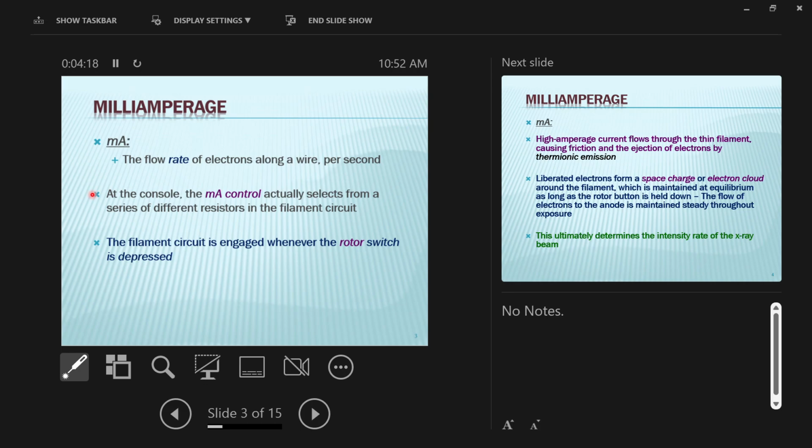These resistors are little electrical devices that when you decide to go through them, the path through them, you will have a different amount of electrical resistance than the one next to it, okay? Your mA control just plugs you into one of several different resistors in your electrical component to change the resistance in the wire, thereby changing the milliamperage flowing through the wire, the mA number, okay? It's all based on that, voltage equals amperage times resistance, Ohm's law.